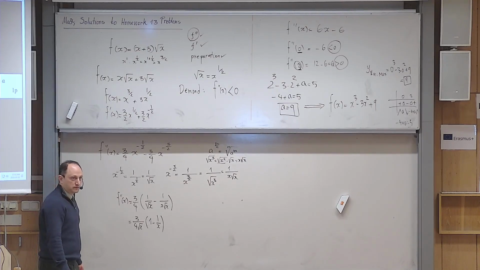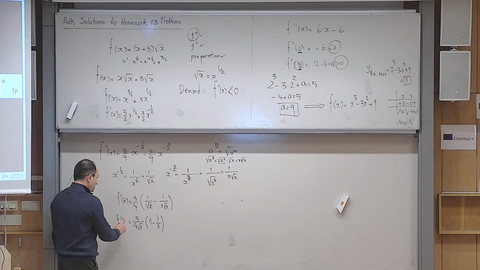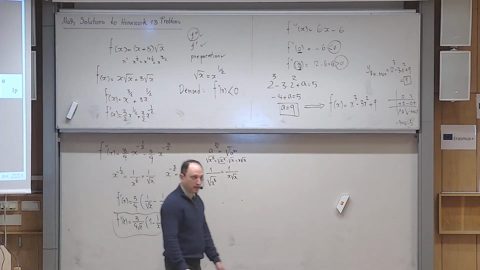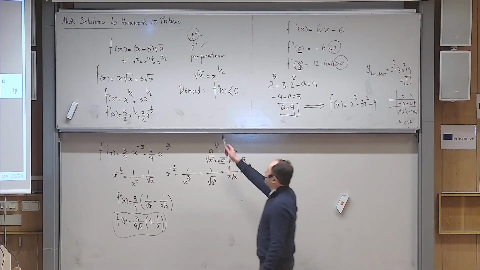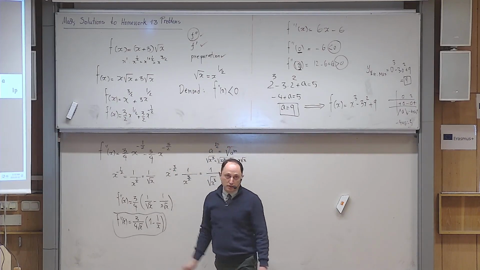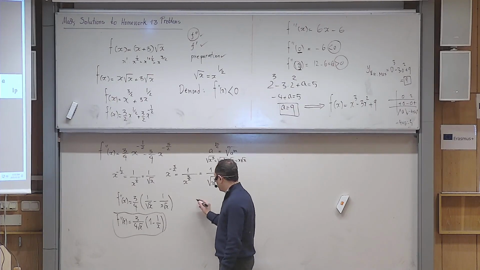Yes? Okay. So I would say that let us stop here. Let us stop making things more beautiful. Okay, so here. And now the question is, why did I do this again? What was my demand? I want to make the second derivative negative. So this means that I want to make this one negative.